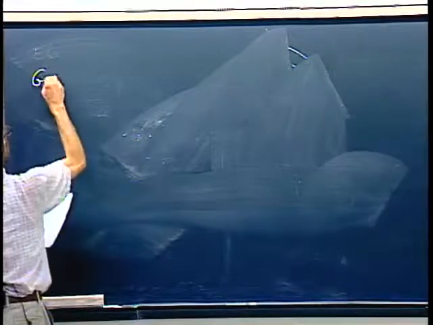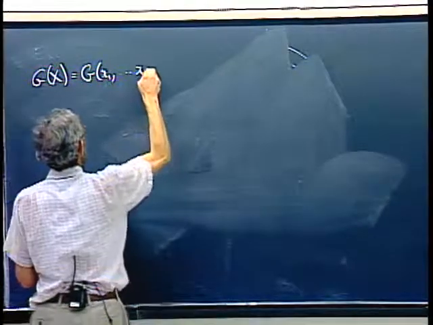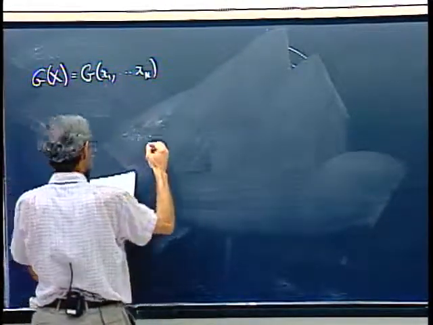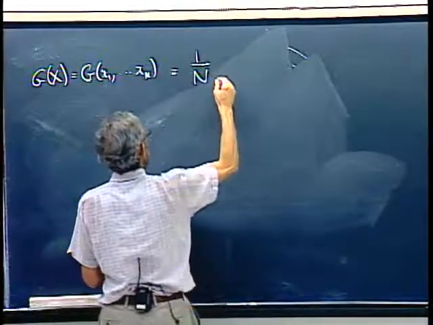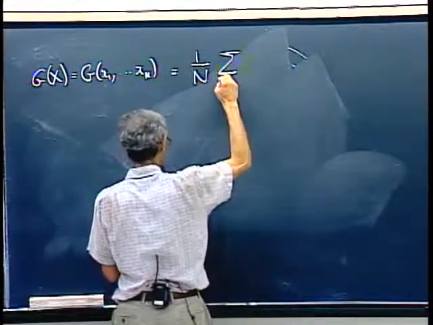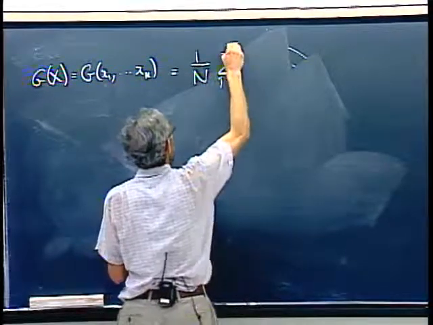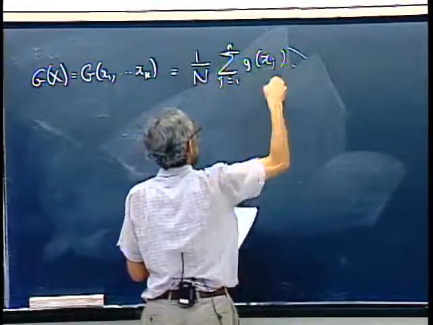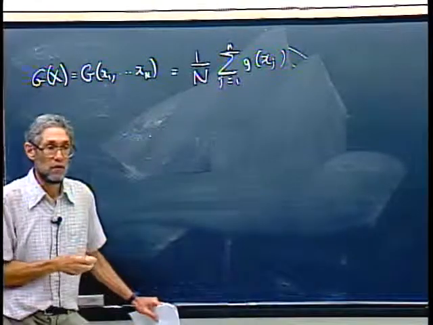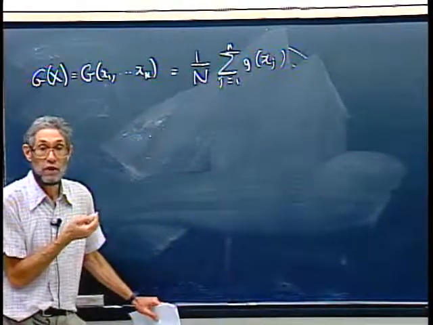Sometimes for shorthand, I'll use a capital X for all of these variables taken together. x1 up to xn, this n-tuple of outcomes for all of them, is capital X. And so g of capital X is really g of x1 up to xn. And it's just the average: 1 over n times the sum from j equals 1 to n of g evaluated at the outcome of each of the experiments, which is xj for all these things.